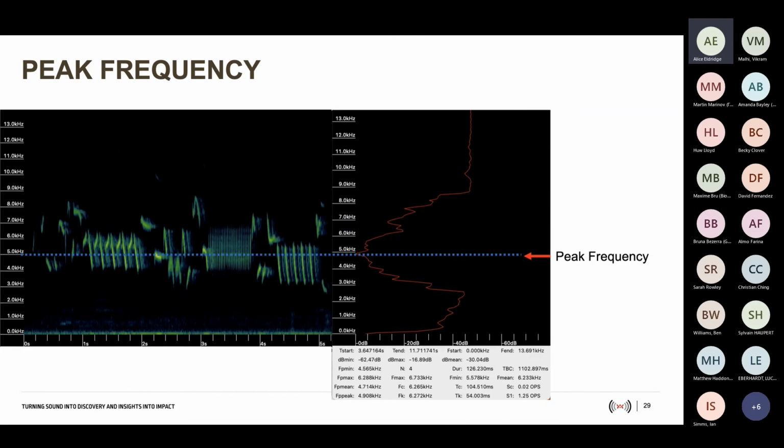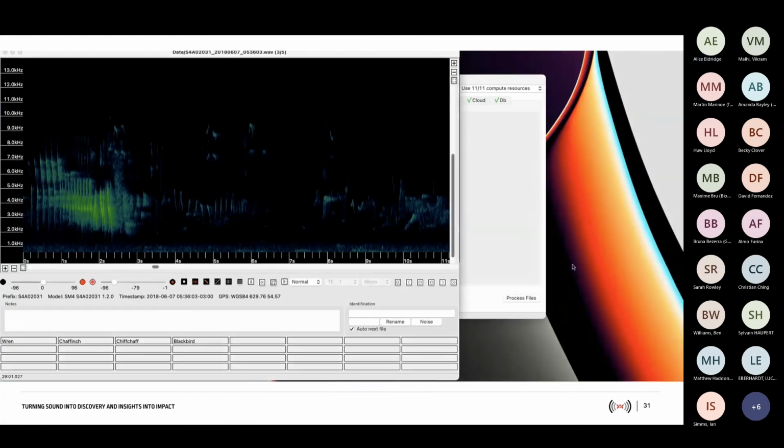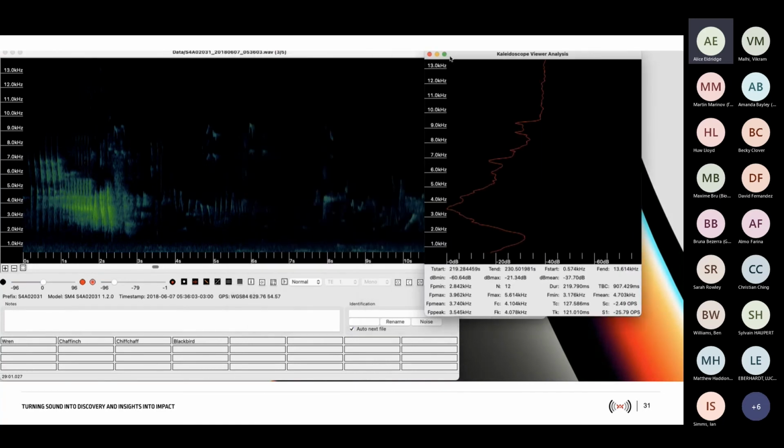This is a wren here, and we can see where the actual loudest part of that entire screen is. Again, I think this is a gull of some sort, and we can see where the loudest part of that call is. And it tends to measure those frequencies to whatever is in that screen window.